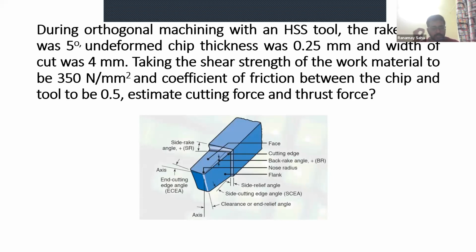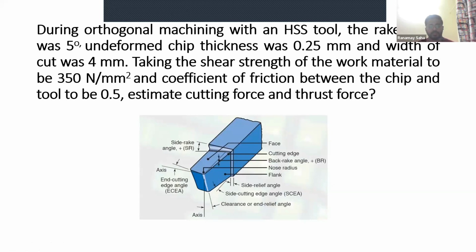So this is an orthogonal tool geometry. Here the rake angle has been given to be 5 degrees, and the undeformed chip thickness is 0.25 mm. What is undeformed chip thickness, by the way? That is the thickness of a chip before it is pulled out of the material of the workpiece, right?